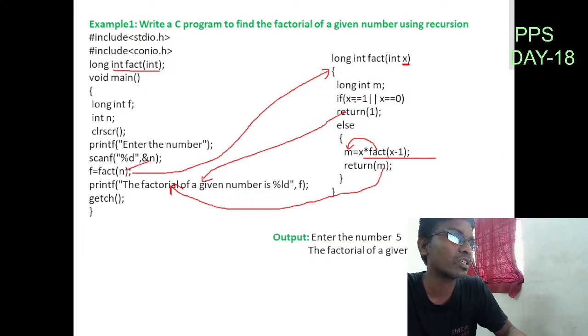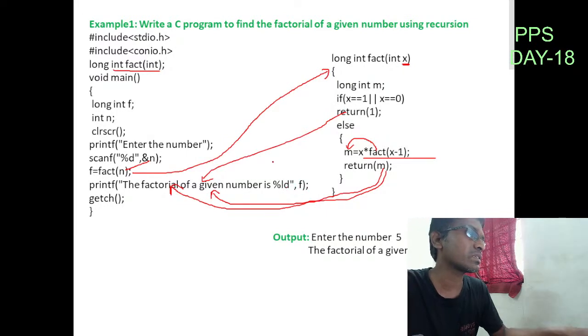If n is equal to 1 or 0, the factorial is returned to the main program, or if n is greater than 1, the else block is executed, and that result is sent back to the main program, which prints the factorial of the given number.